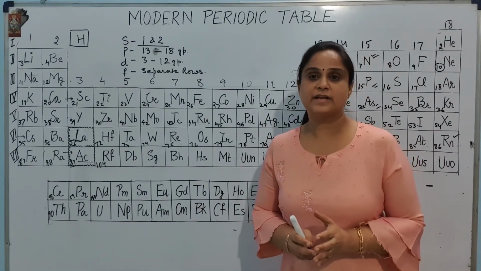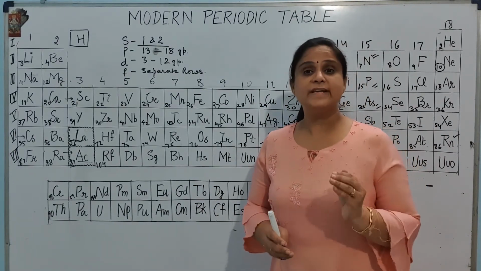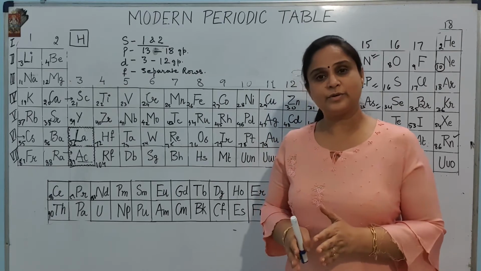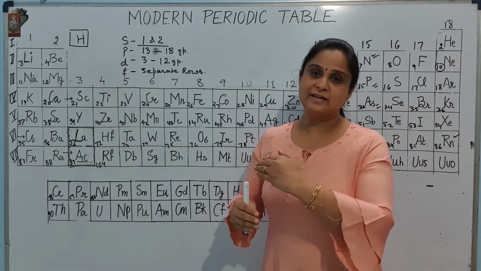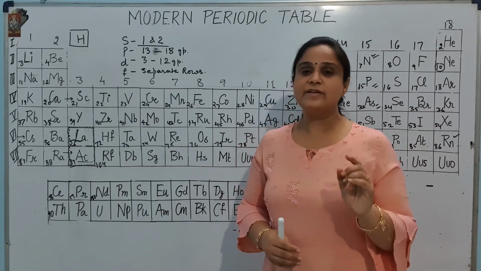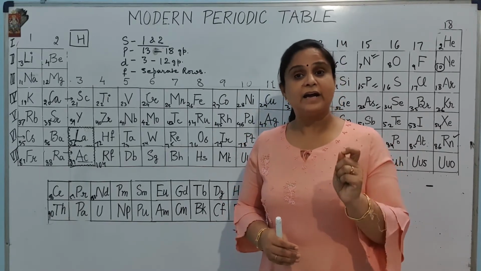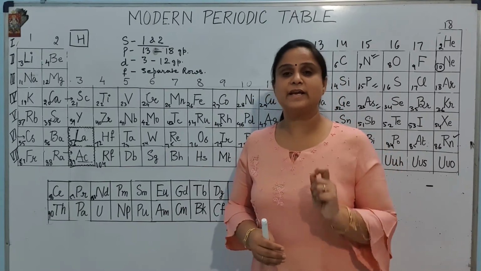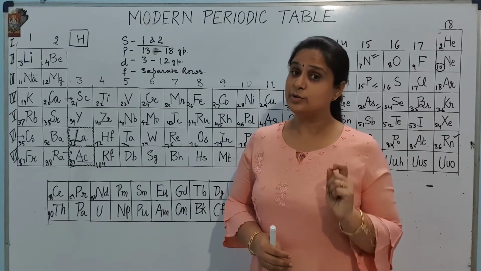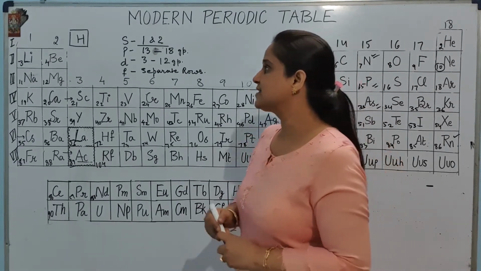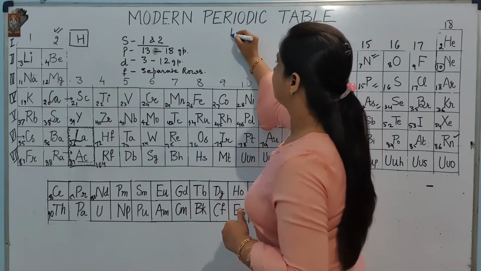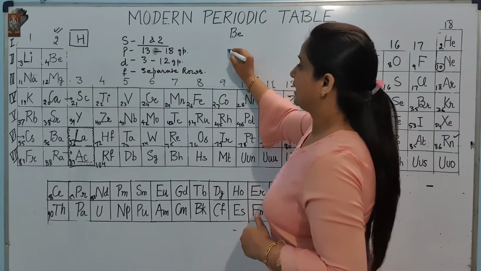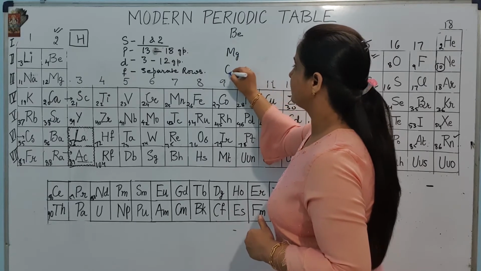Now we will justify the presence of various elements in a particular group, and then the presence of elements in various periods. First, the groups. Let's take the example of the second group, having beryllium, magnesium and calcium.